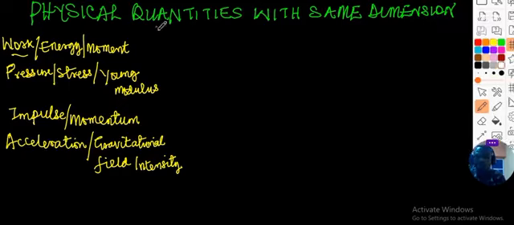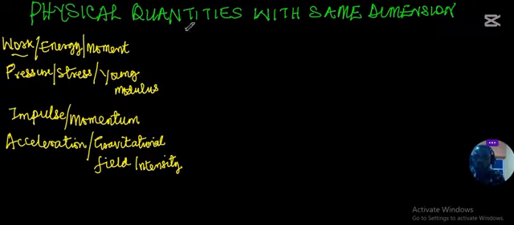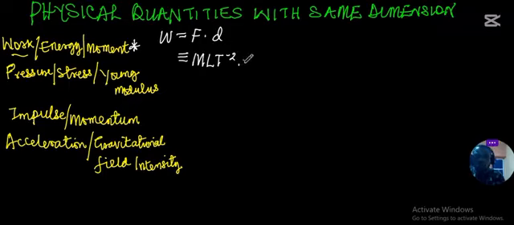work, energy, and moment. All right, starting with work, we know that work is defined as force times distance, and the dimension for force is given by MLT^-2, and the dimension for distance is length.